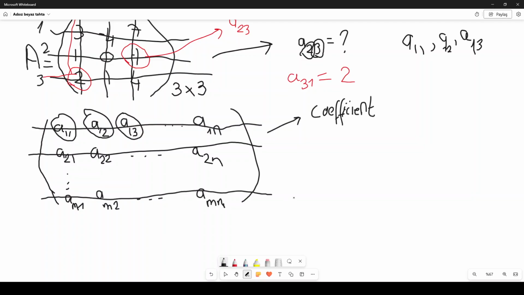Okay, but as I said, this is not enough to represent the whole system. We have one more thing.